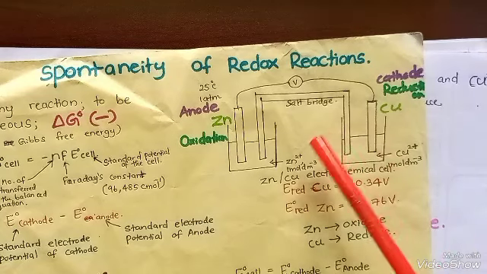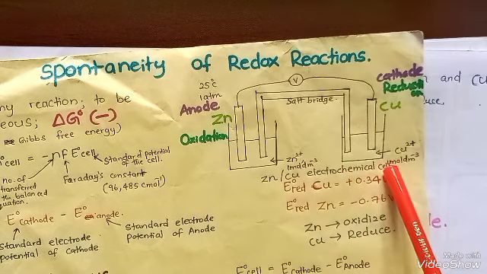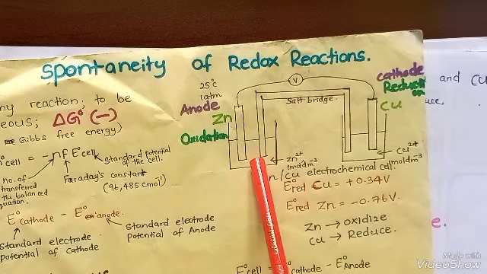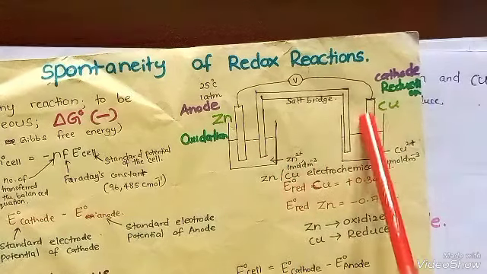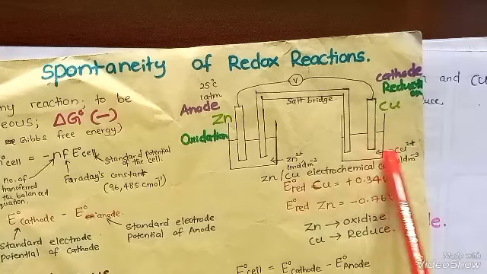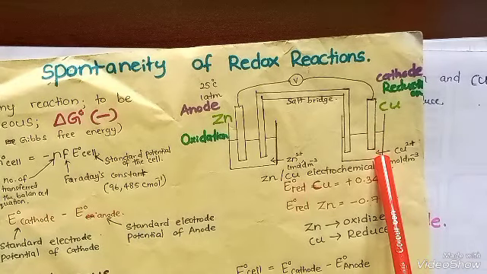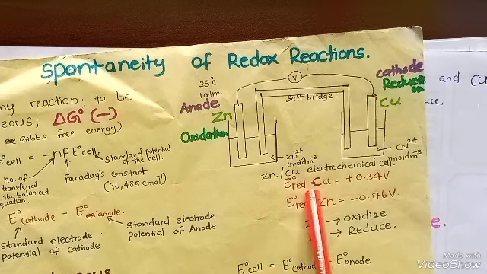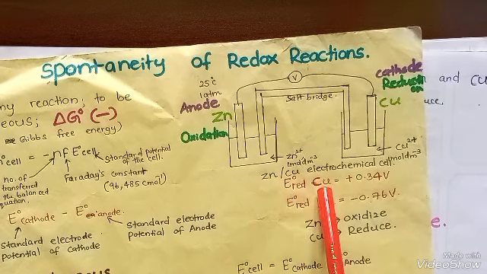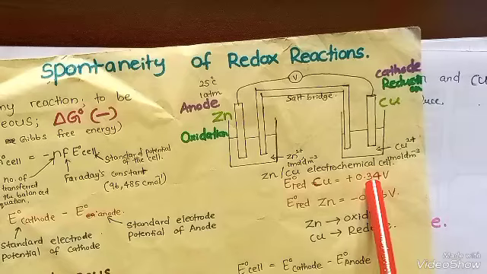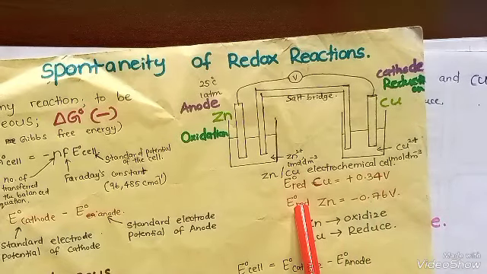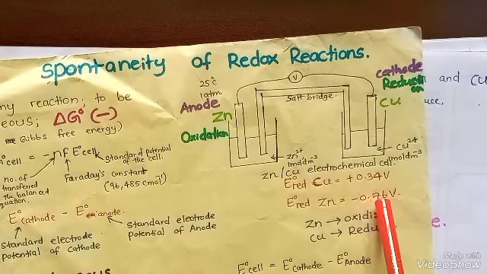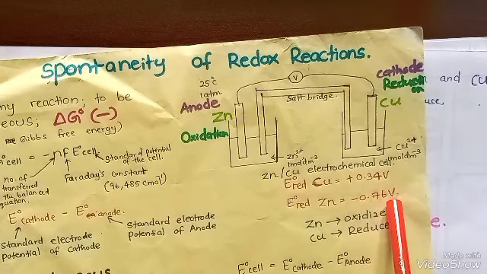Let's see this example, a zinc copper electrochemical cell. A zinc electrode in a 1 molar zinc 2 plus solution and a copper electrode in a 1 molar copper 2 plus solution. The standard reduction potential for copper is 0.34 volt and for zinc is minus 0.76 volt.